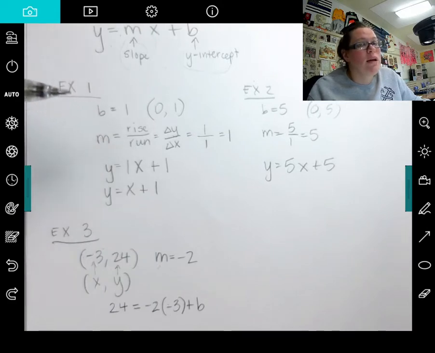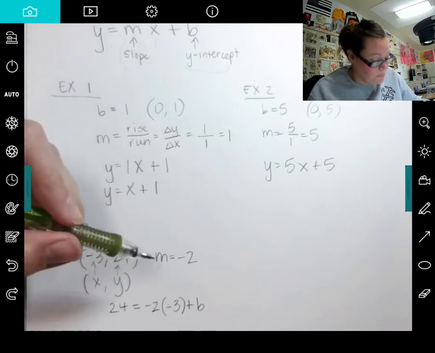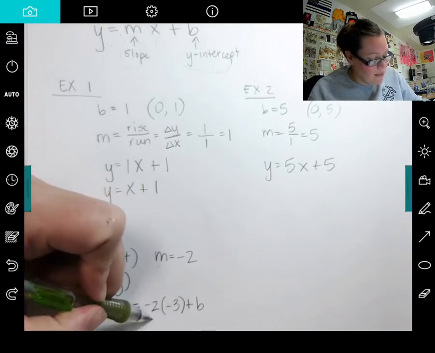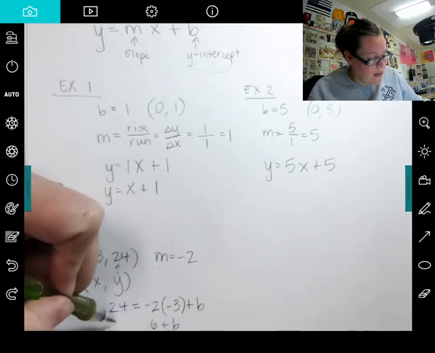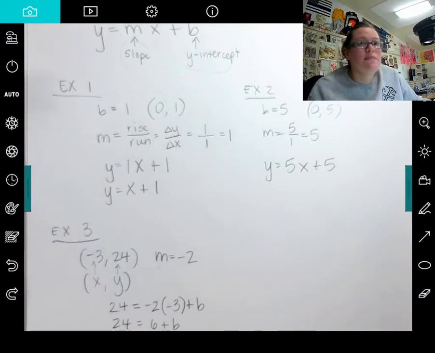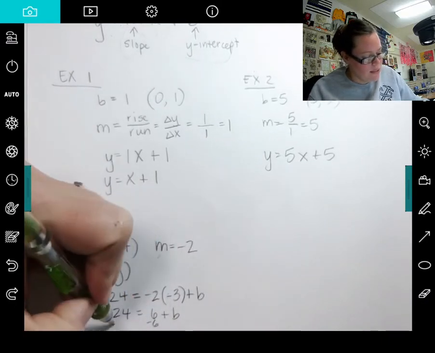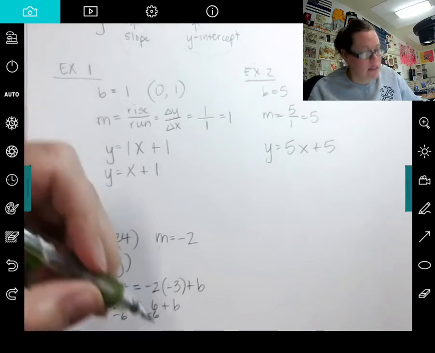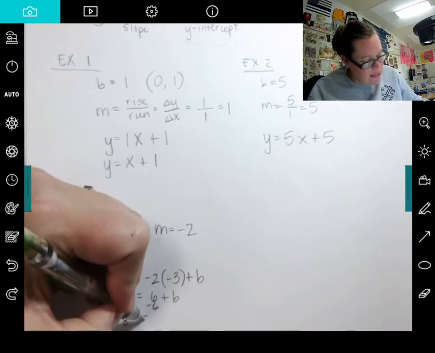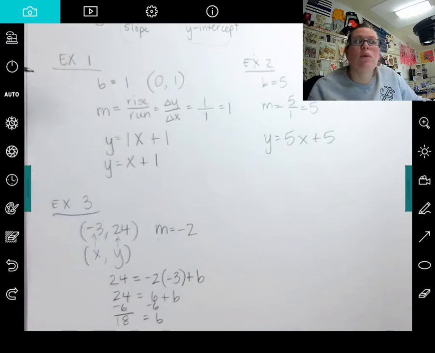Hopefully you don't say +9, because that's what I was just thinking. That's a little bit scary. So we get +6. 24 equals 6 plus b. From here you subtract 6 from each side, and we get 18 equals b. So our y-intercept in this case would be b.